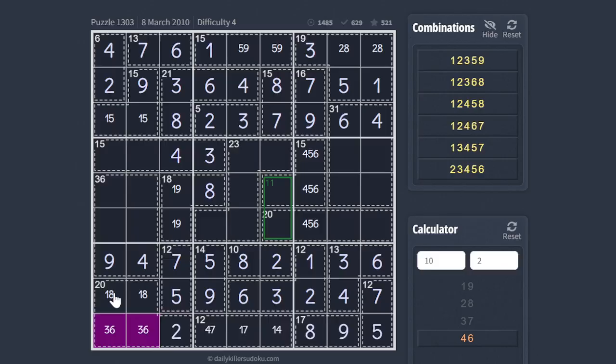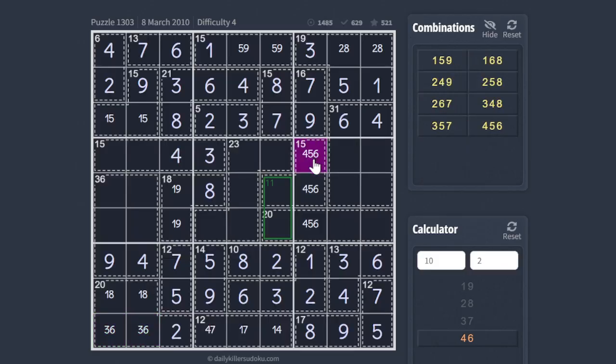Okay. I don't see any. The 4 can be removed from here, forcing the 4 to be here. But still, that's as far as we're getting.